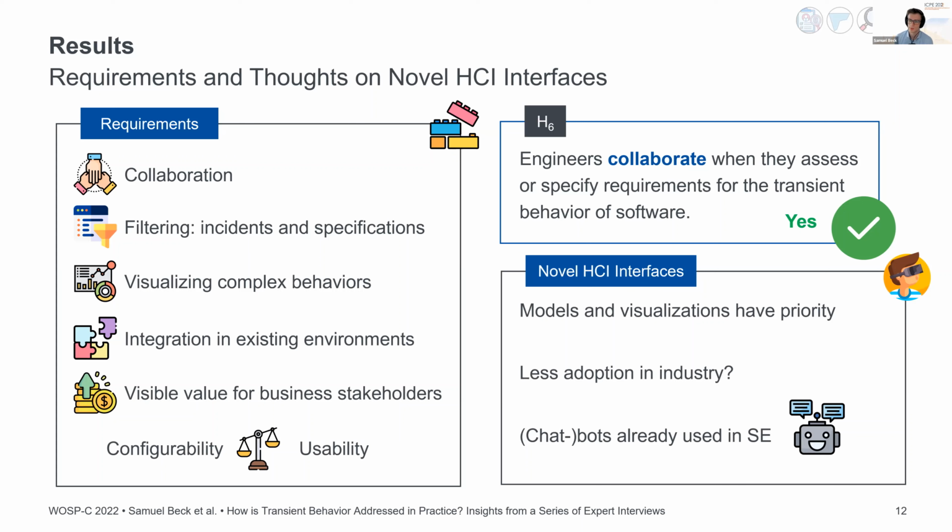So for them, the first priority is to develop those models and visualizations before going to the next step and thinking about how to incorporate them in novel HCI interfaces like AR or VR headsets or touch screens or voice assistants or something like that. Also, they feared that a solution that uses these new devices would find less adoption in industry because they're not very widespread at the moment.